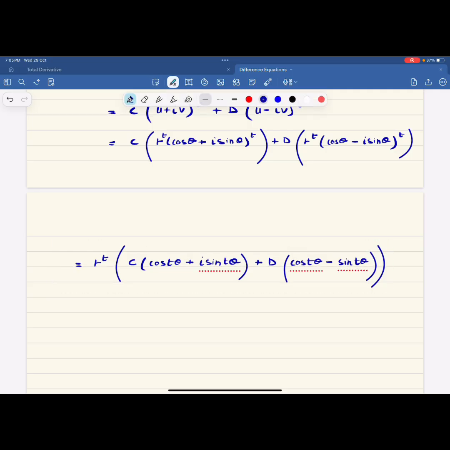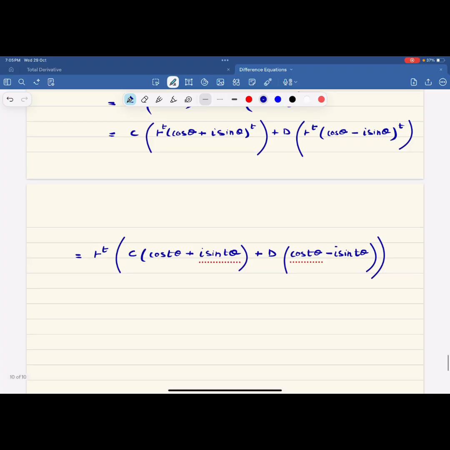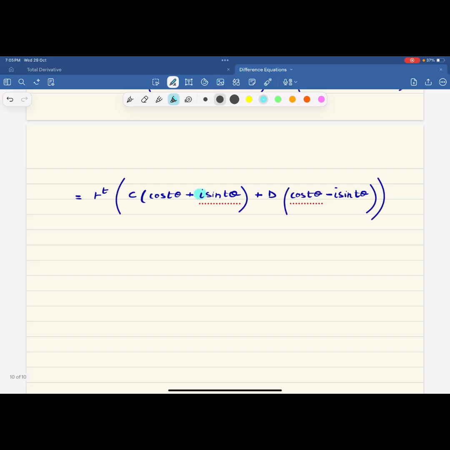Oh, there was an i here as well. I can see that I can take this together and write this together. If I take cos tθ as common, I get (C + D) cos tθ, and if I take sin tθ out as common, I'm left with i(C − D) sin tθ.